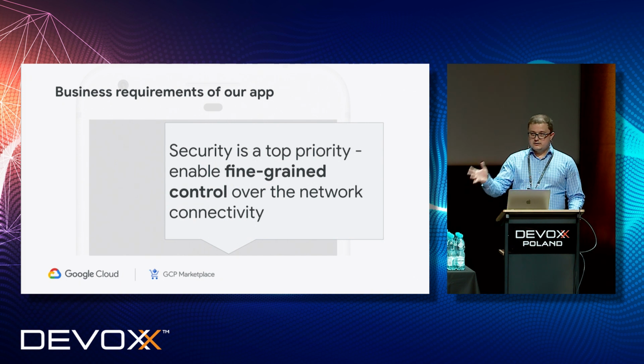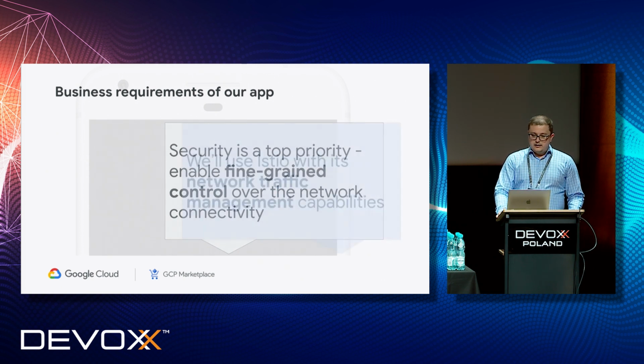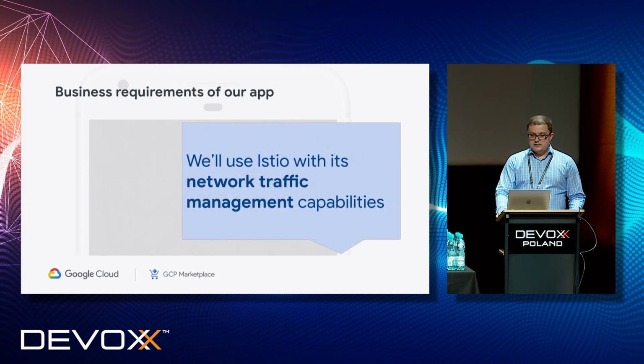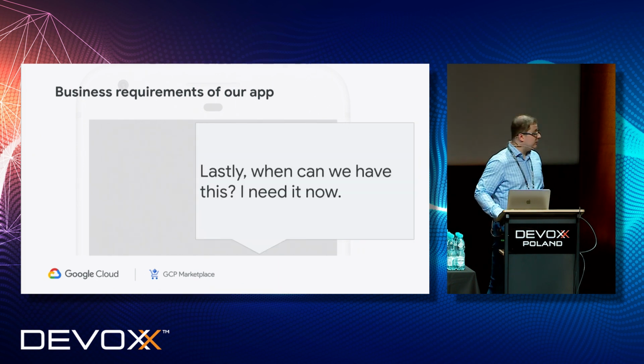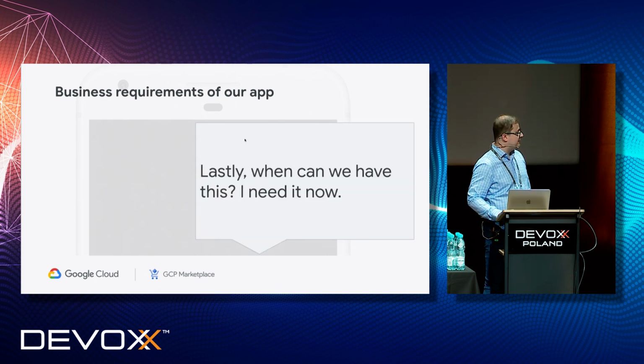Security is a top priority, like almost in every company, in every enterprise. So what we could do, we could run Istio to manage the network traffic. Not showing any slides. Oh, sorry. Now we have some technical difficulties.